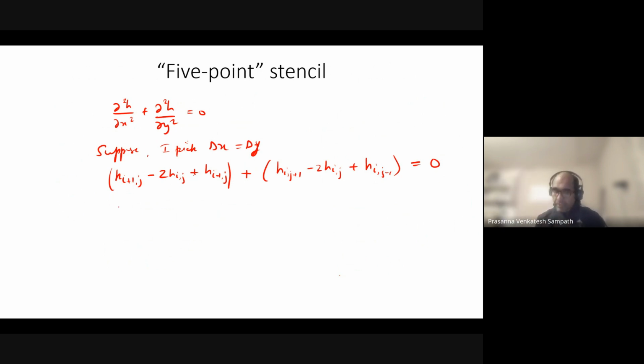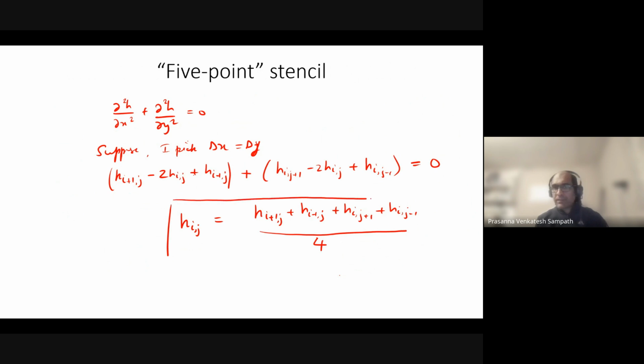Then I get this very powerful equation, which is like this: h of i comma j equal to h of i plus 1 comma j plus h of i minus 1 comma j plus h of i comma j plus 1 plus h of i comma j minus 1, divided by 4.